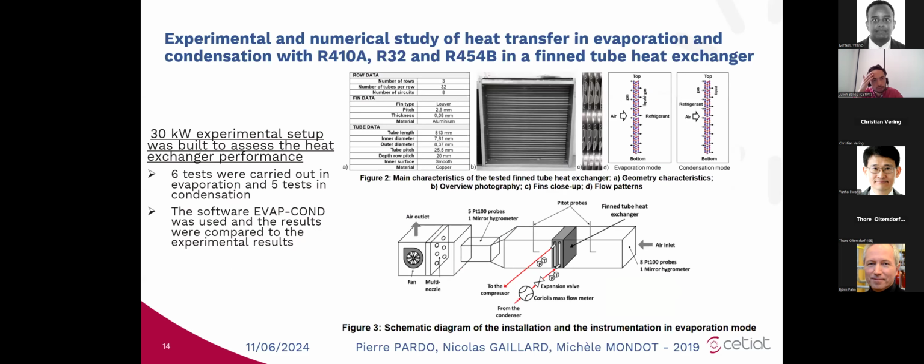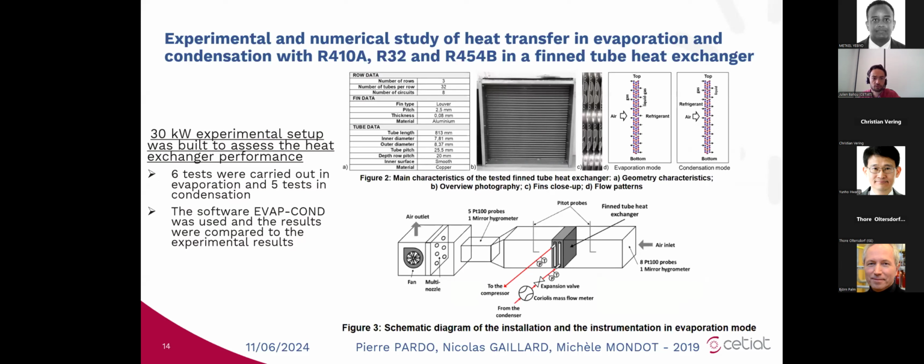A second study was also made before 2020. This time it was to study the heat transfer on a finned tube heat exchanger to see how it was possible to improve it using different refrigerants. This study was conducted in 2 steps.